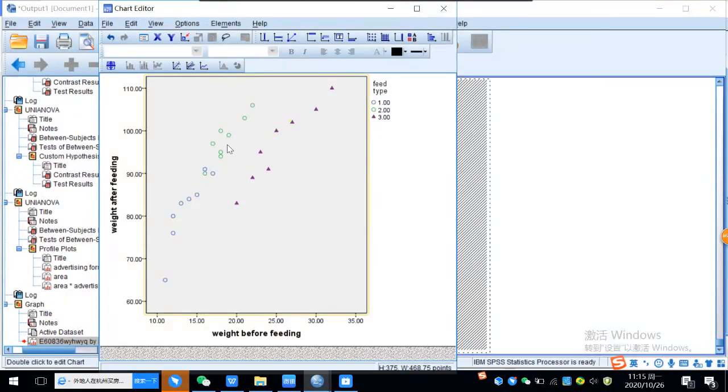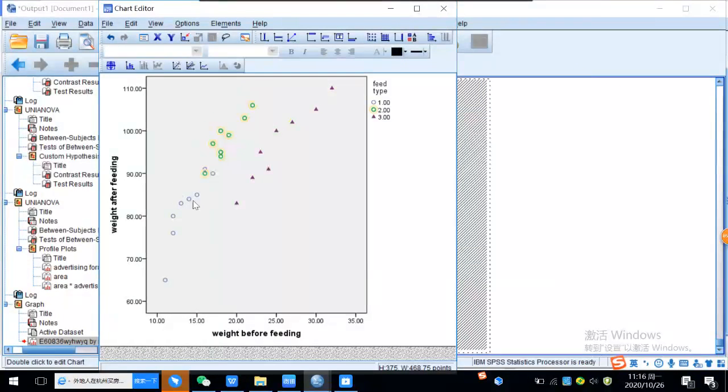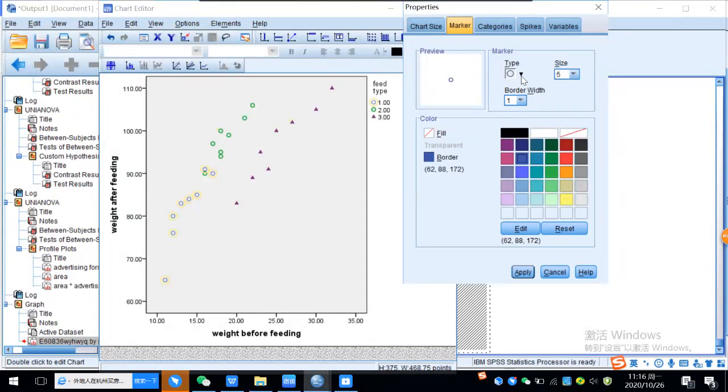Then type 2, I would like the width to be wider. Then type 1, maybe the marker can be different, for example a cross, with border width, blue color.